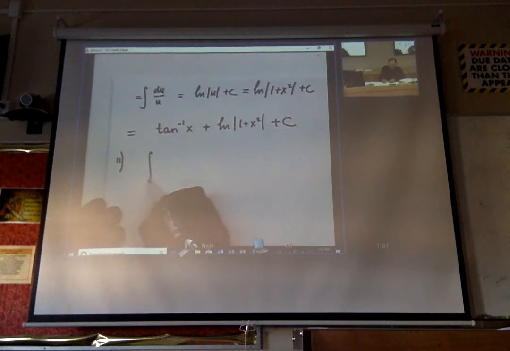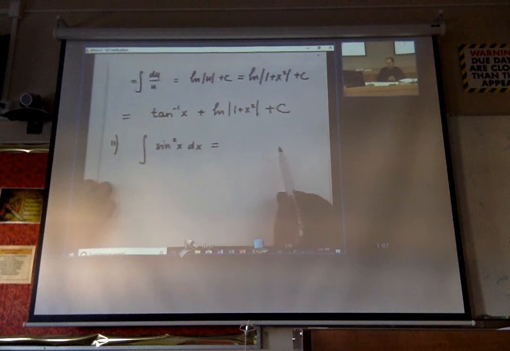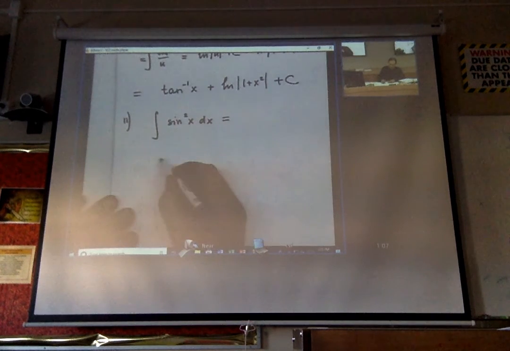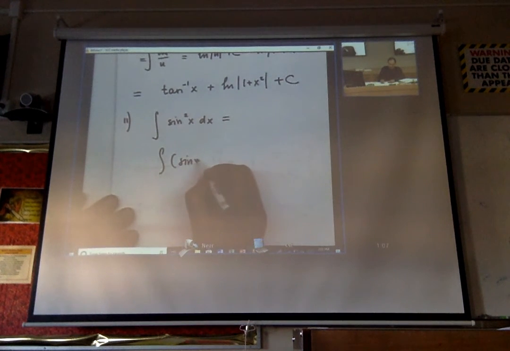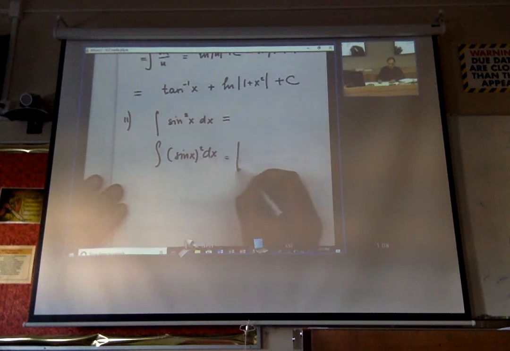So sometimes we have problems like this. If you look at this one, you may say, okay, I can think about this problem as this. And you may say, my substitution is u equals sine of x, because it's an inner function.